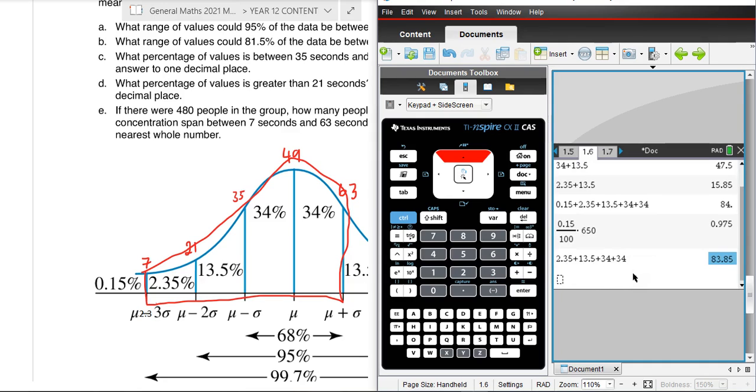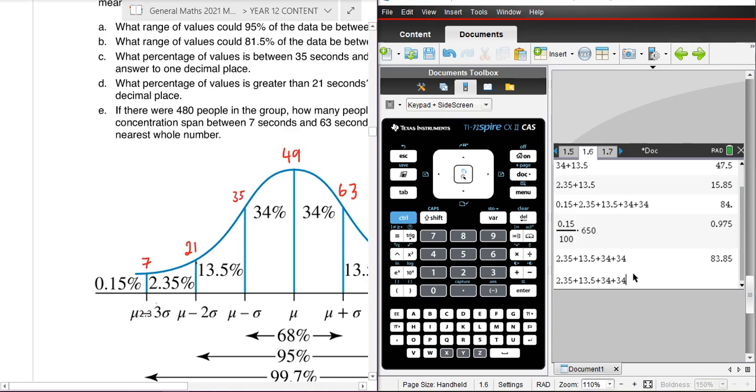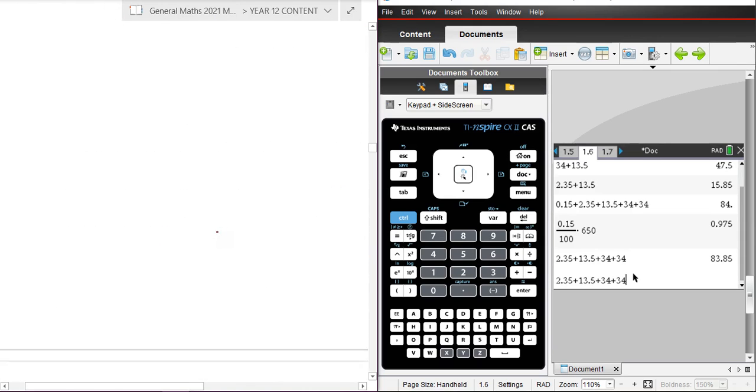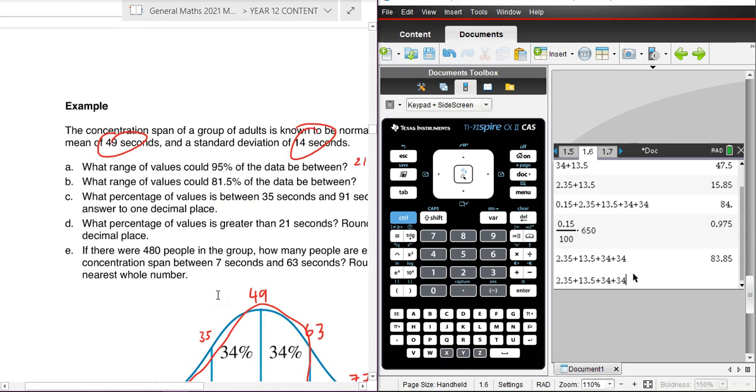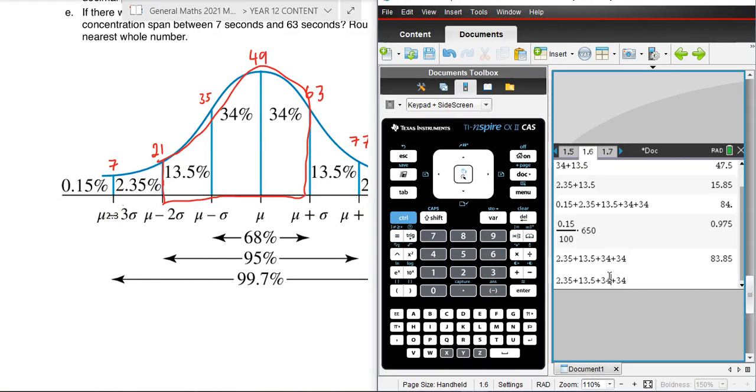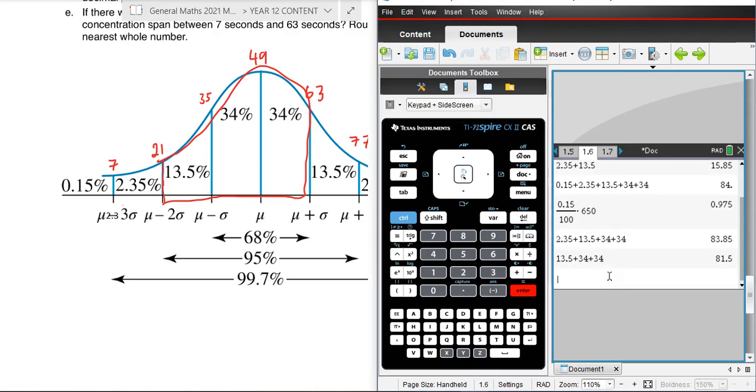Okay, so what I might get rid of here. I'm trying to find out where 81% of the data could lie. So it could very well be over here. Let's just add that up. Get rid of the 2.35 here. Okay, and there you go. I've got 81% of my data lying between 21 and 63.